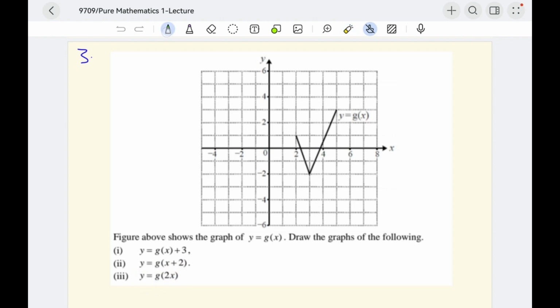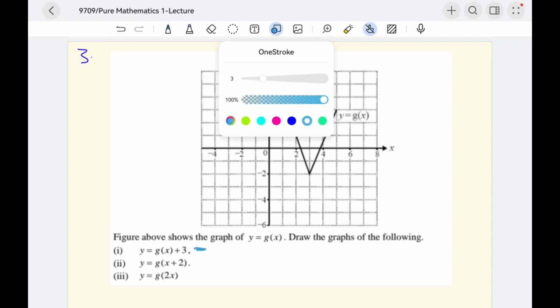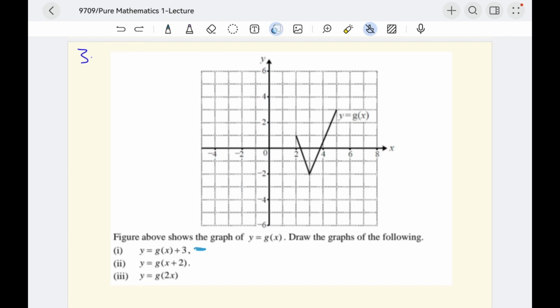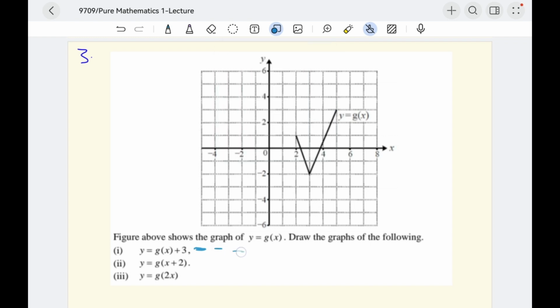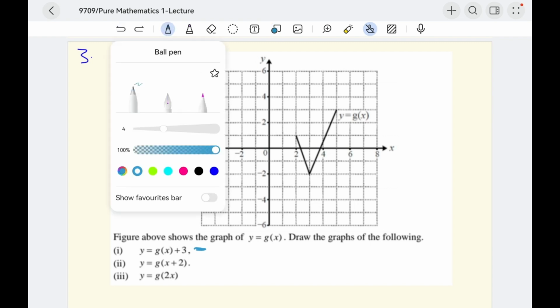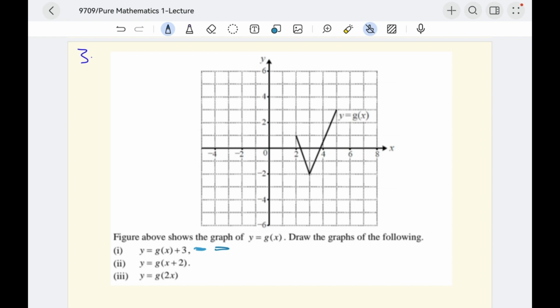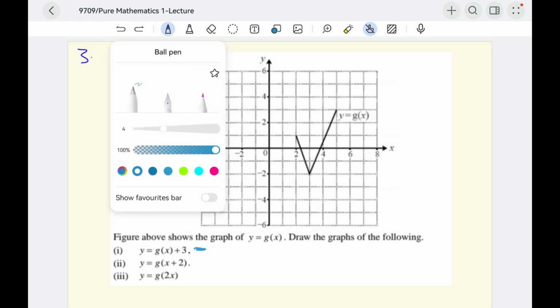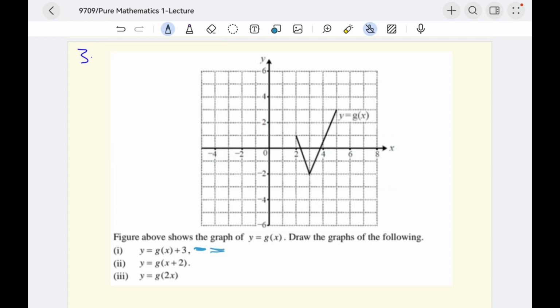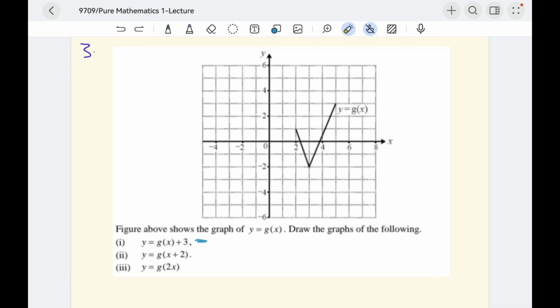Okay, let's take a look at the first part. So this time I will use a different color. Okay, here is your function g(x).